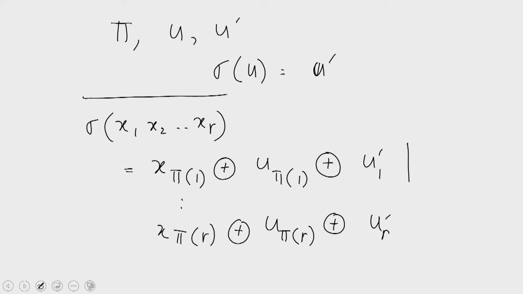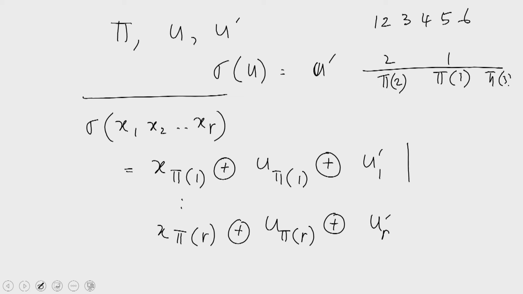So how does this achieve what we want? According to the permutation pi, the first dimension is going to occupy the pi1th position, and so on.